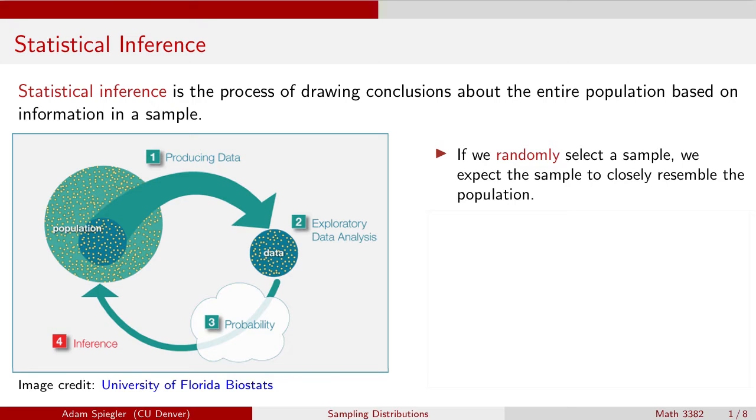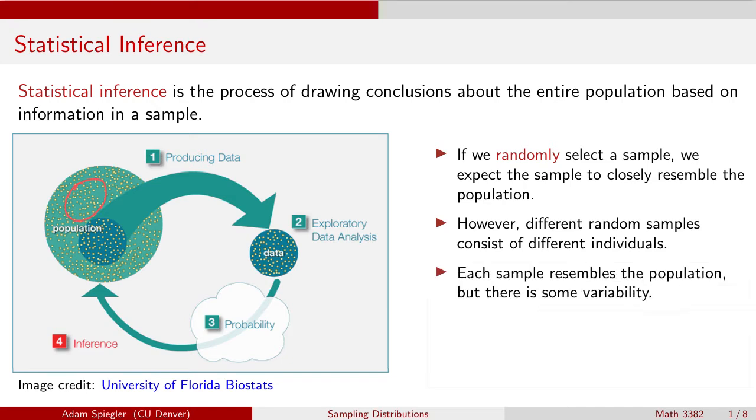Just to comment on some points about this sampling process. When we pick the sample randomly, again, we expect the sample to closely resemble the population. However, because different samples are going to consist of different individuals, maybe some other sample chooses some of these individuals randomly, we're going to have some difference in these sample statistics. They are going to vary a little bit from sample to sample.